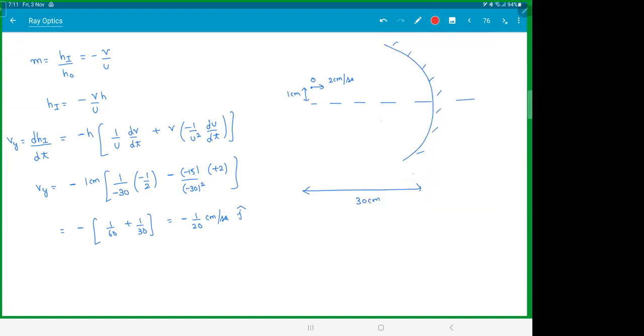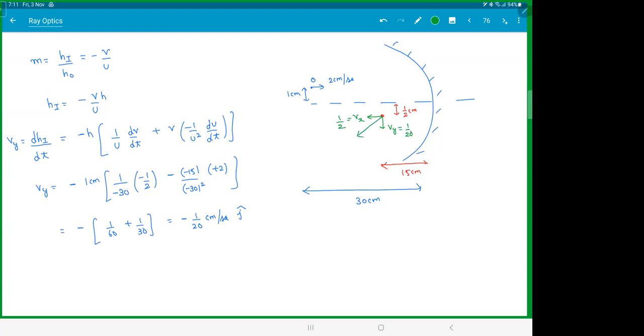The object is somewhere here at a height of half centimeter at a distance of 15 centimeter. It has a horizontal component vx, which is half going backward. That's why minus half. It also has velocity vy, which is 1 by 20 going downward.